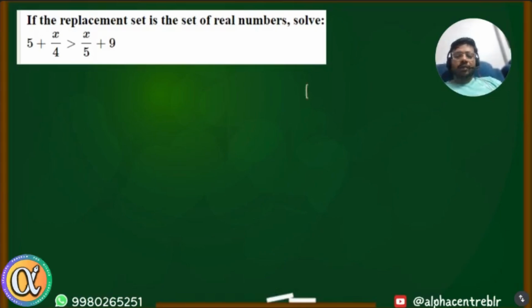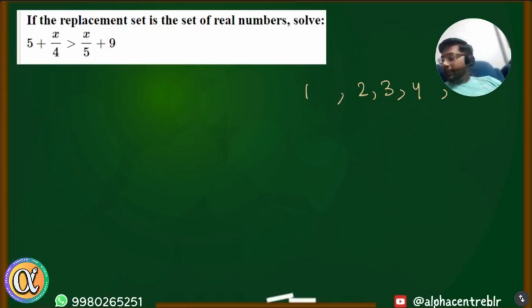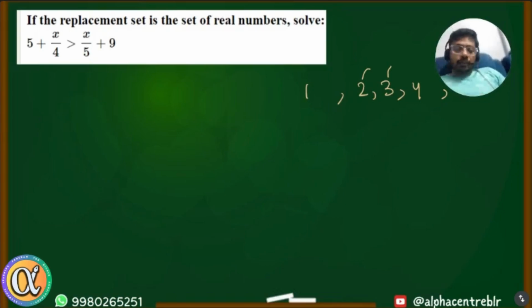For example, between 1 and 5, if I ask how many integers are there, you can say finite: 2, 3, and 4. But the number of real numbers is infinite. In fact, between any two numbers there can be infinite real numbers. Between 2 and 3, there are so many: 2.1, 2.11, 2.111, 2.112.